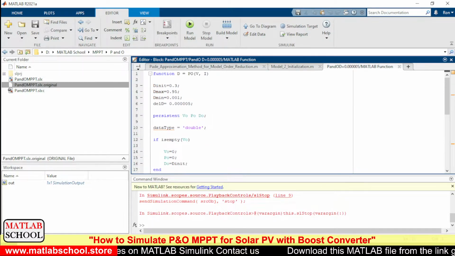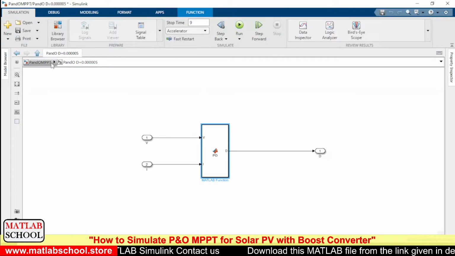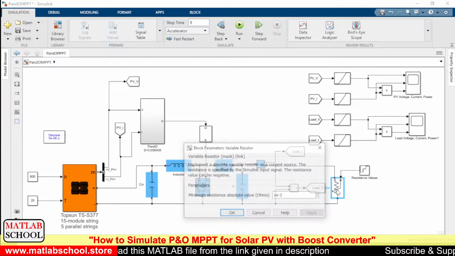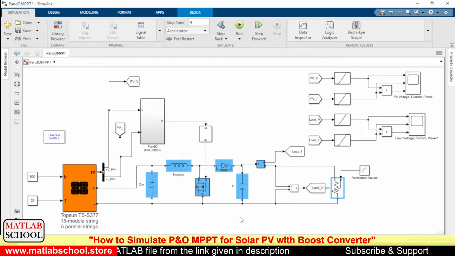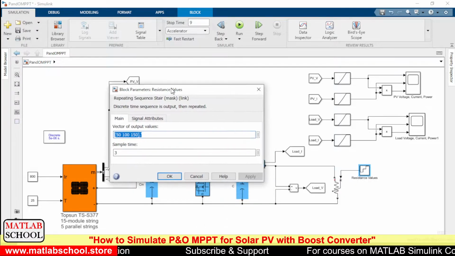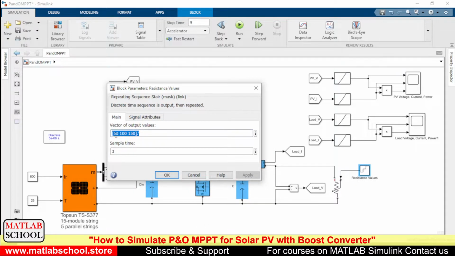So let us run the simulation and see the power output. Here, as the load, I have a variable resistor, and to that resistor, we are giving three values. Initially, the value of the resistor would be 50 ohms for 3 seconds.